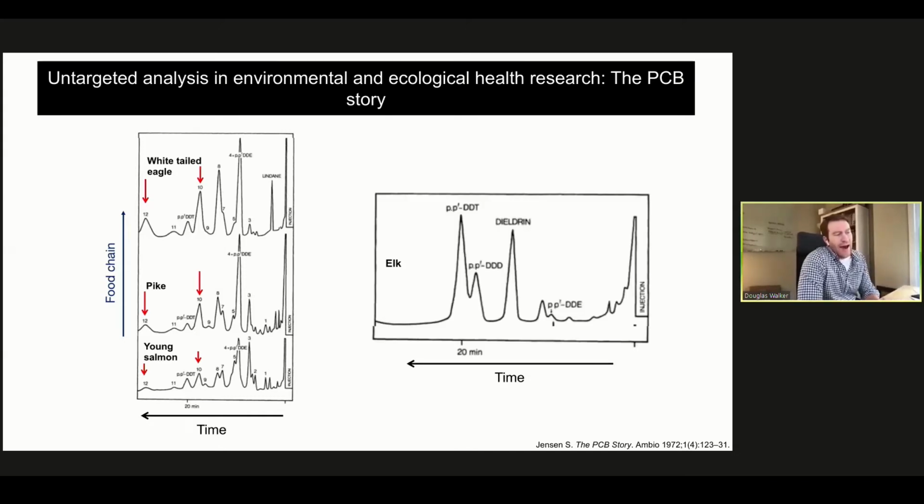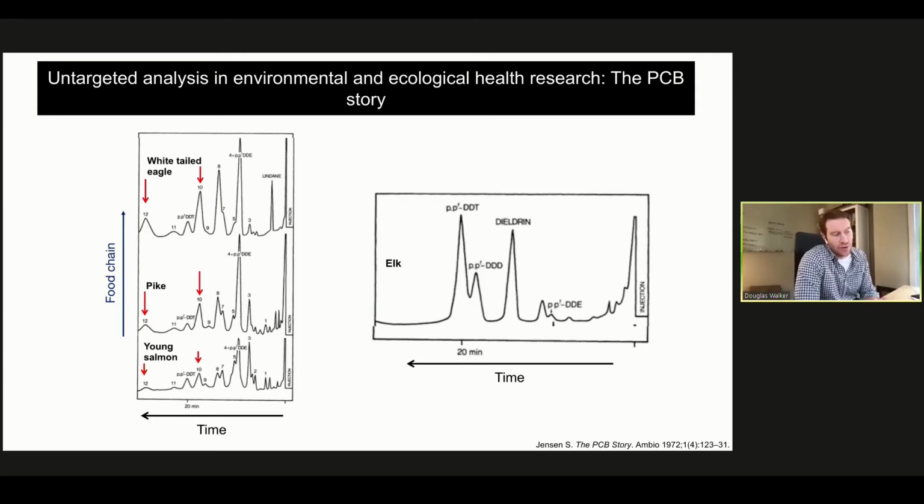But then if you look at other species that are not carnivores and are eating grass and other vegetable-based diets, you do not see accumulation of these compounds. So this chromatogram here is from an elk. You can see that DDT, DDD, and other organochlorine pesticides are present.